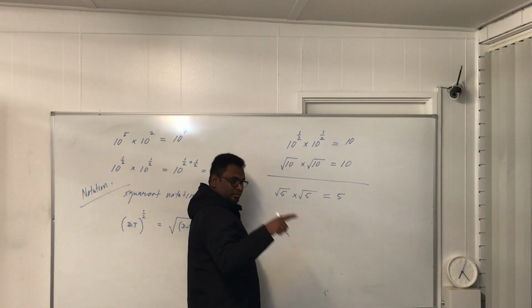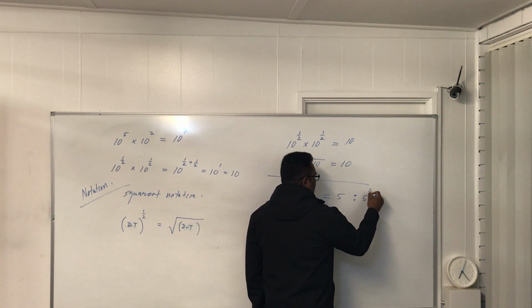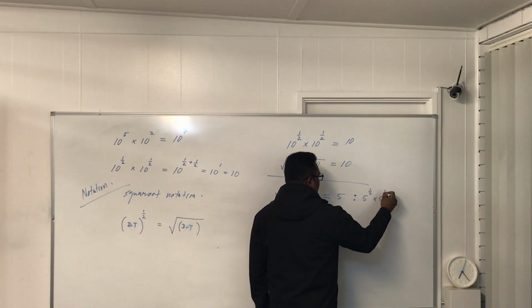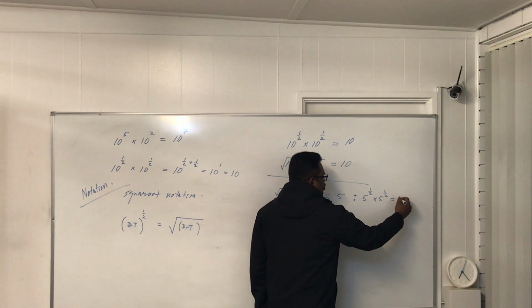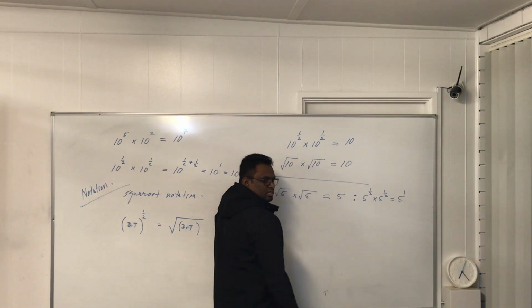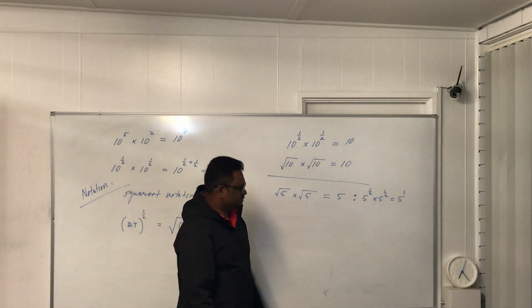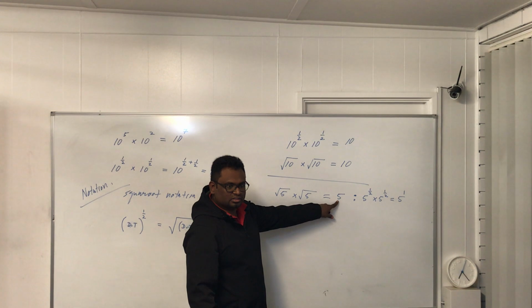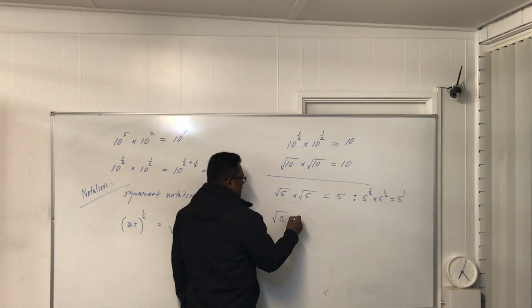So we'll go into math now. 5 raised to the power half times 5 raised to the power half is this, right? Now, this should be 5^1, right? Half plus half is 1. So that would be 5. So, you got that. Now again, square root of 8 times square root of 8.